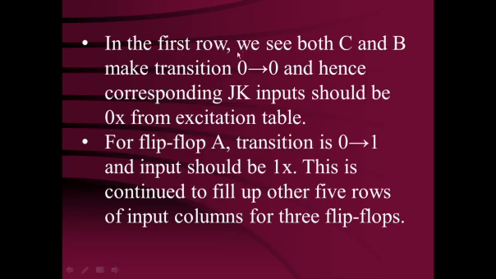So in the first row, we see that both flip-flops C and B make a transition from 0 to 0. Hence, the corresponding JK inputs should be 0X, 0 and don't care, from the excitation table. Flip-flop A makes a transition from 0 to 1, and the input should be 1X from the excitation table.